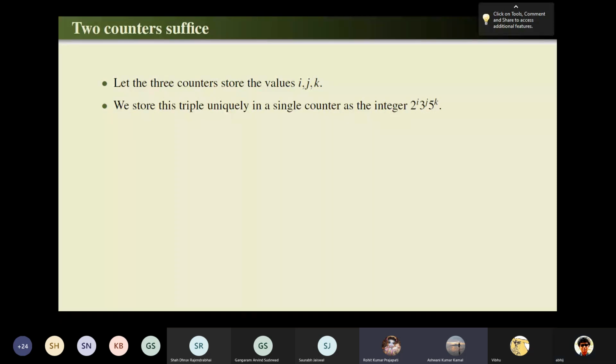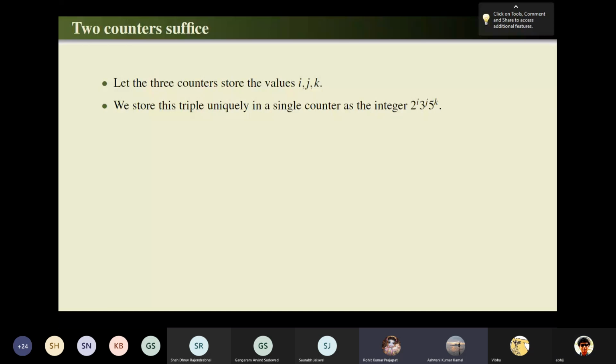Right? So this is the storage trick. And so we will use this single counter storing this value, which has embedded in it these 3 exponents i, j, and k, which can be uniquely determined.